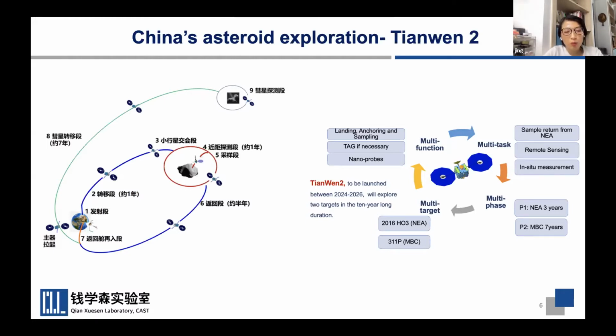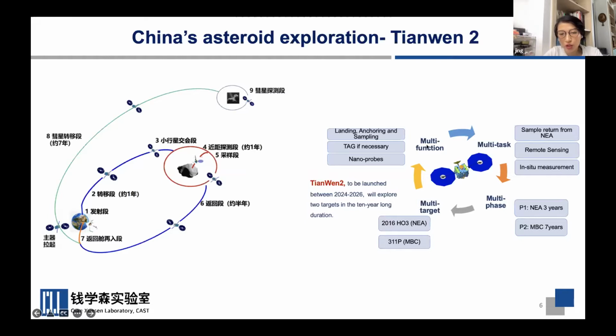This mission has two goals. We call it the 3M mission because the first M is multiple targets. The first target is a near Earth asteroid called 2016 HO3, and it will return a sample from this NEA.